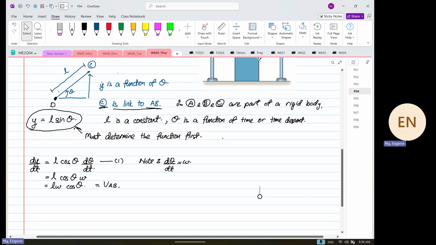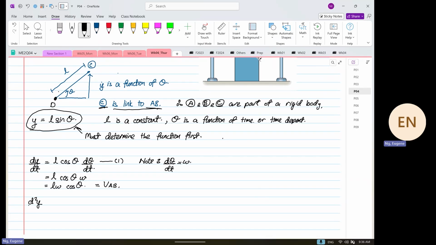Then from here, we can do d squared y over dt squared. Before we do that, we also have to take note that L, again, is a constant. Right? L is a constant, and omega and theta are functions of time.